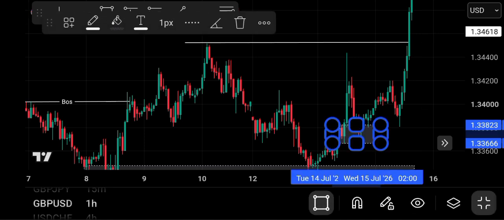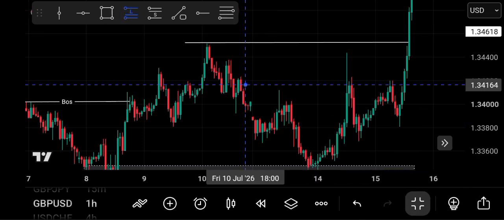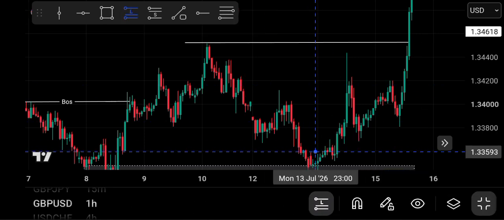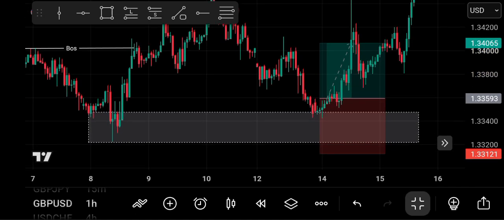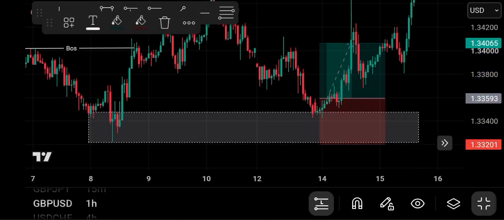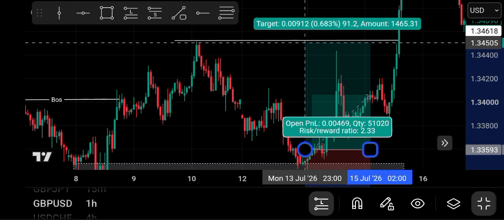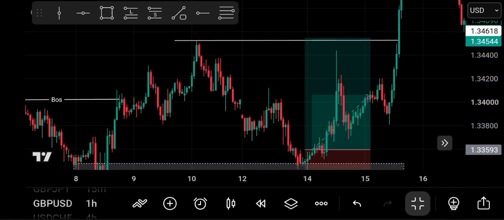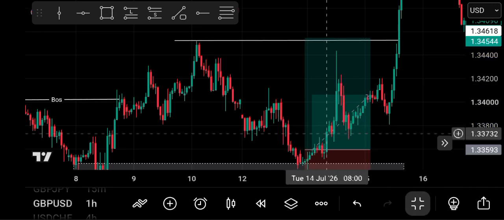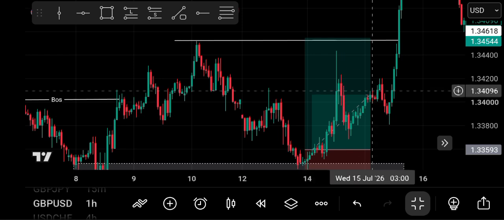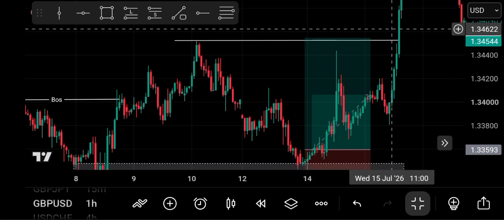So in the ideal case, they had entered here, stop loss here, target here, they would have experienced the ebb and flow of the whole market, this upward move, downward move, upward move, downward move, before price finally played out.